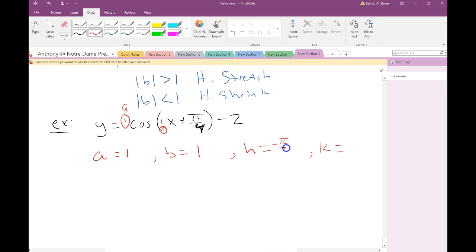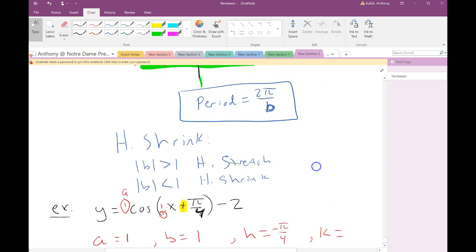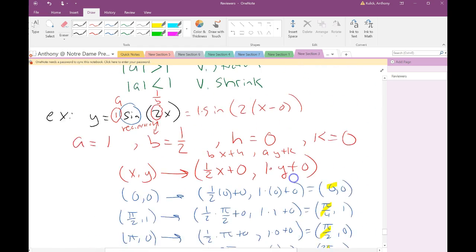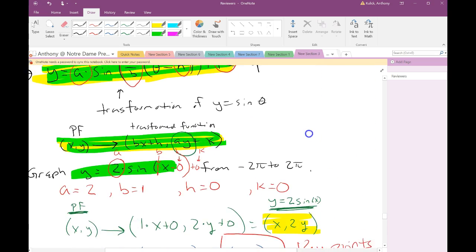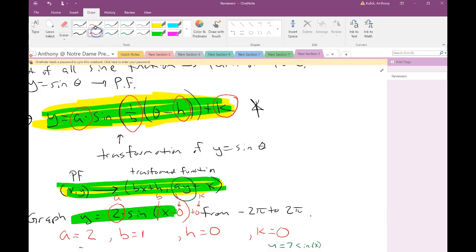The H value is negative pi over 4. And now you might be saying, hold up. That doesn't seem right because there's a plus sign in your equation. Why did you write negative pi over 4 for h? Well, if we scroll back up long ago and we looked at the general form, notice what symbol is in there?